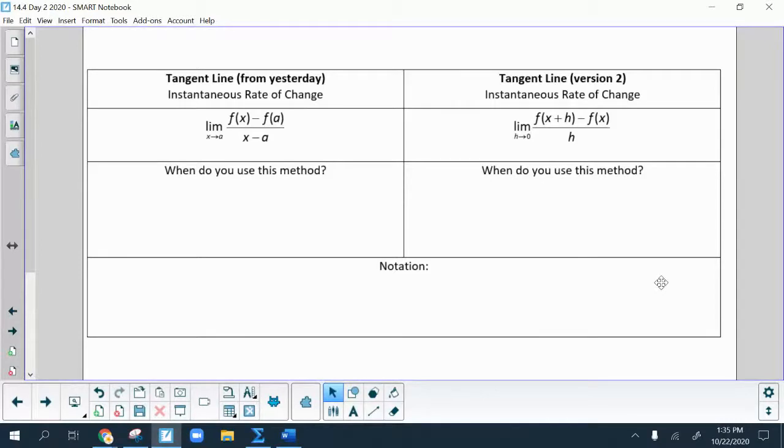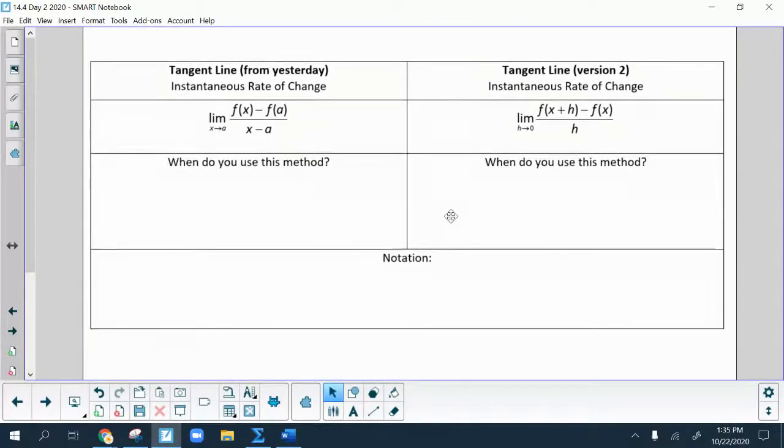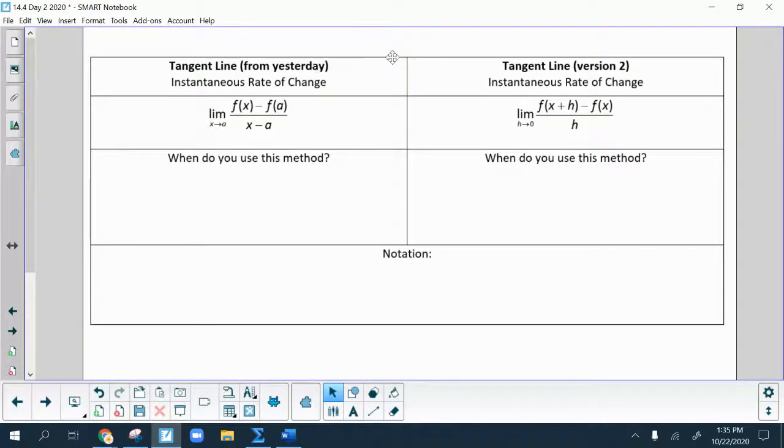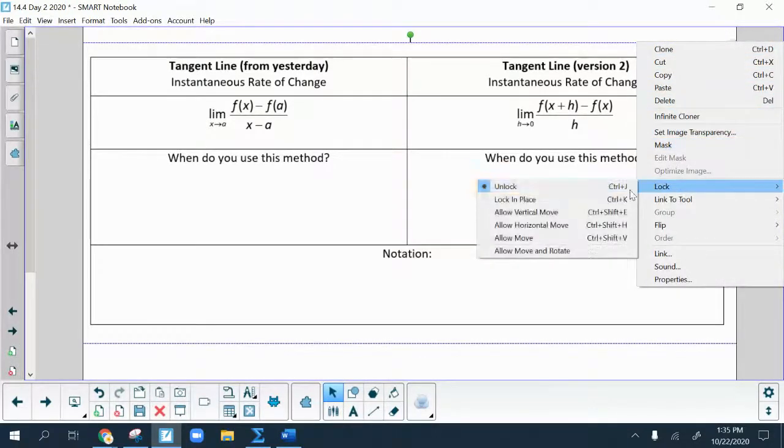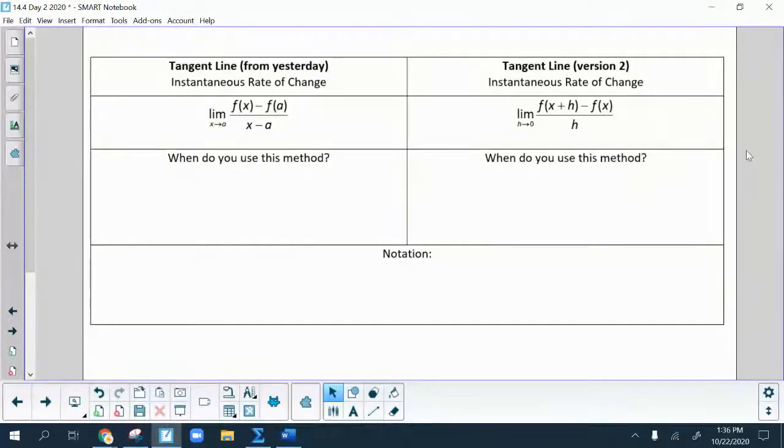So yesterday, you should have watched the video and learned about the instantaneous rate of change, which again is called the derivative, and you learned the formula that is on the left. The formula on the right is a little bit different and can sometimes be a little more complicated. It looks more complicated for sure, but it is sometimes way more beneficial depending on the situation that you have.